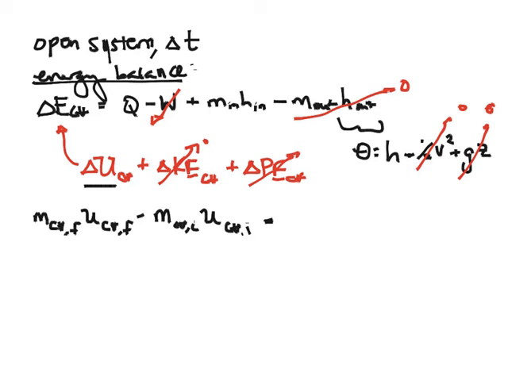And that's going to equal what's left on the right-hand side of the equation above. So all that's left there is heat transfer plus the mass of the steam that comes in times the enthalpy of that steam that comes in.